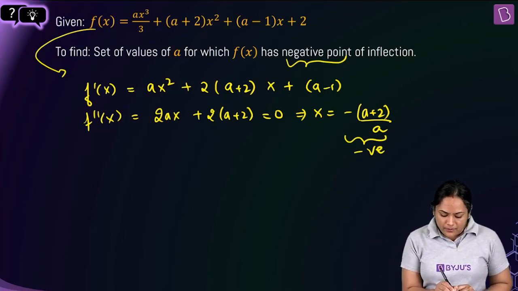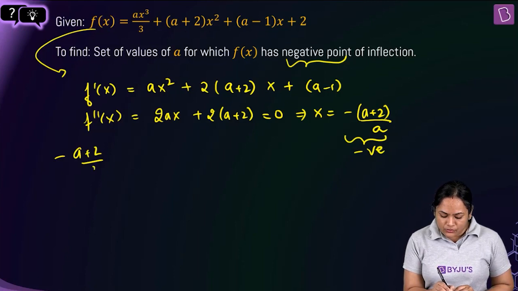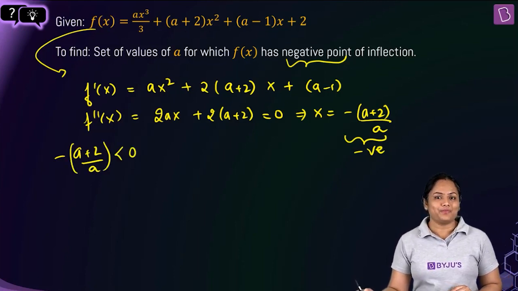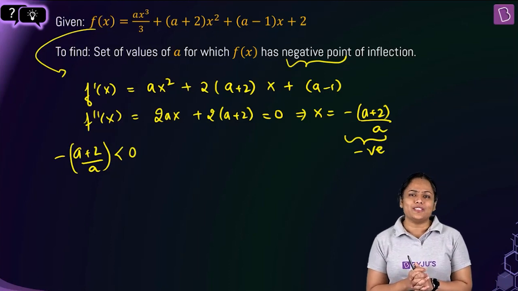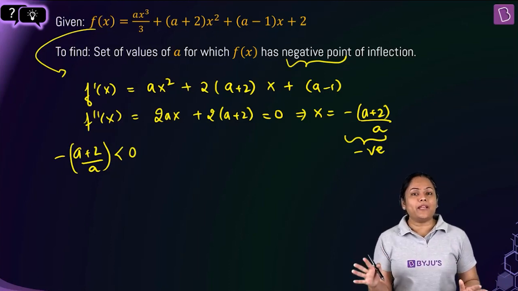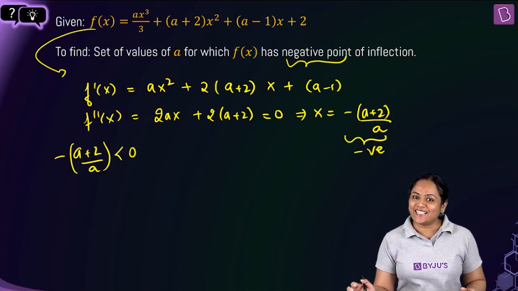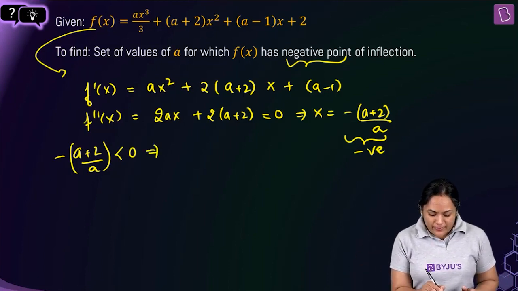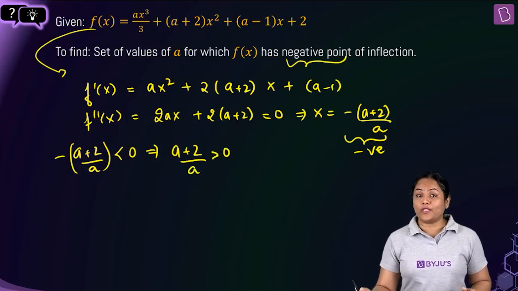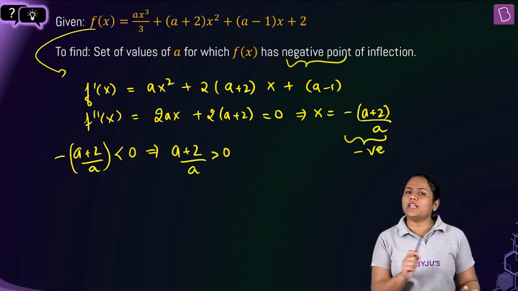That means −(a+2)/a, this entire quantity should be less than 0. And this we know how to solve, don't we? We'll just multiply by minus sign and mark the critical points on the number line, right? So when you multiply by minus sign, the sign of inequality definitely is going to change. And from here, we can write the answer.